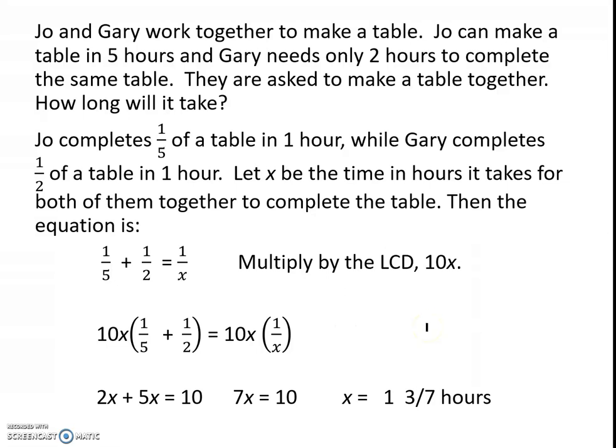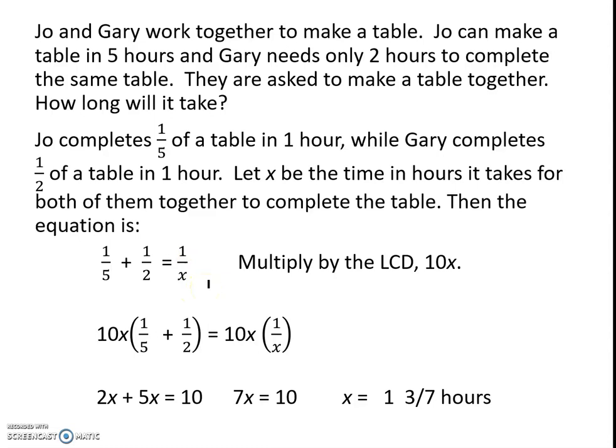So let x be the time in hours it takes for both of them together to complete the table. Then the equation is 1/5 from Joe, what he makes in an hour, plus 1/2, because that's how much of the table Gary makes in an hour, equals 1/x.